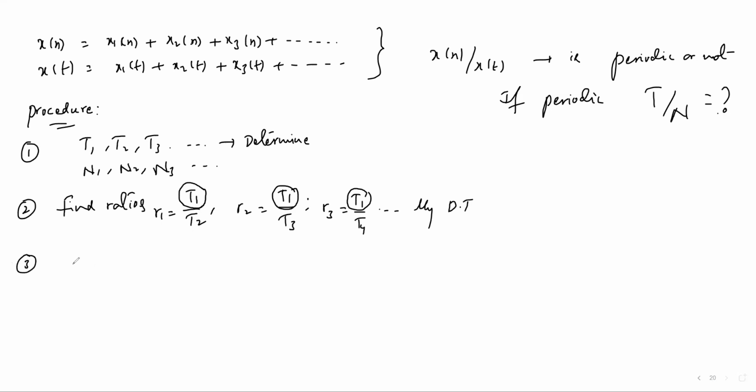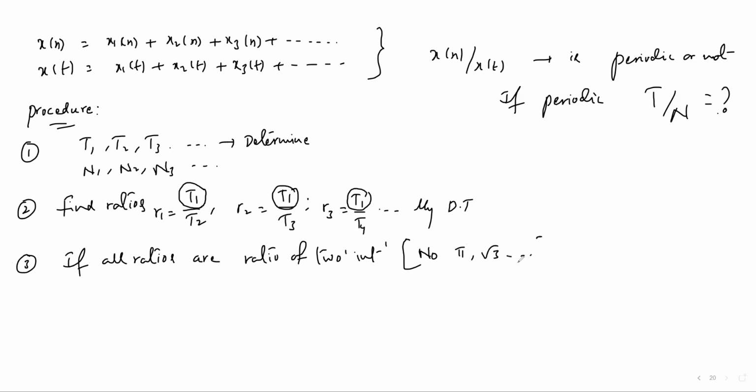Third one, if all ratios are ratio of two integers, meaning no pi or square root, cube root like that, only integers, ratio of two integers is called rational.